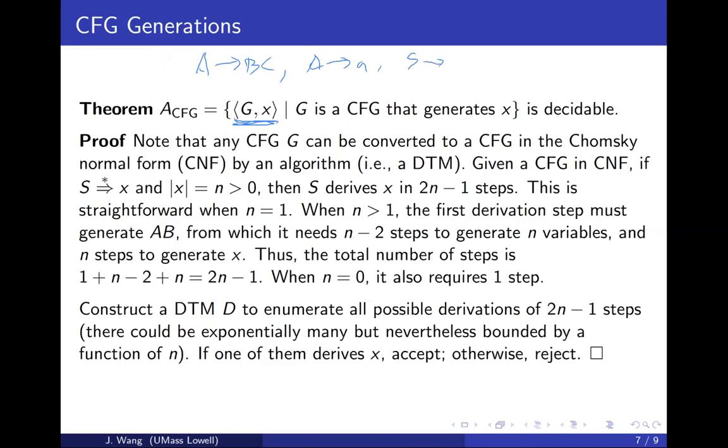The start symbol S does not appear on the right-hand side of any production rule, and the epsilon rule can only be under S.